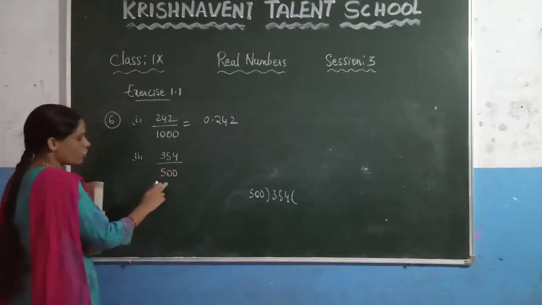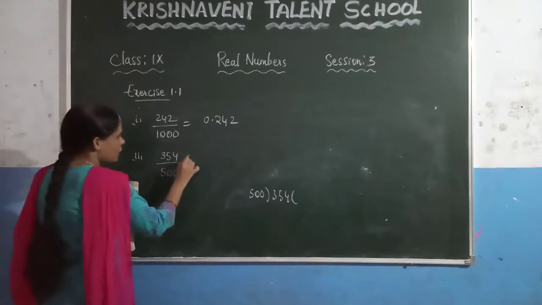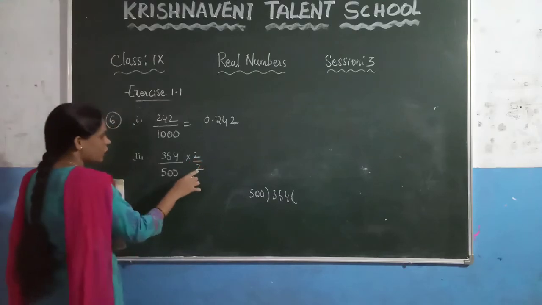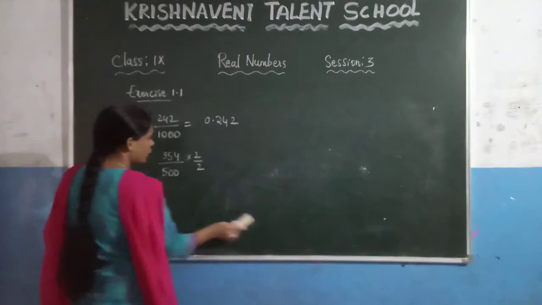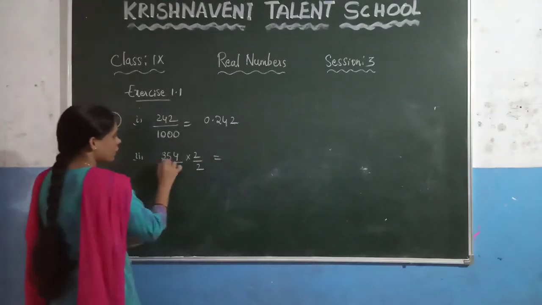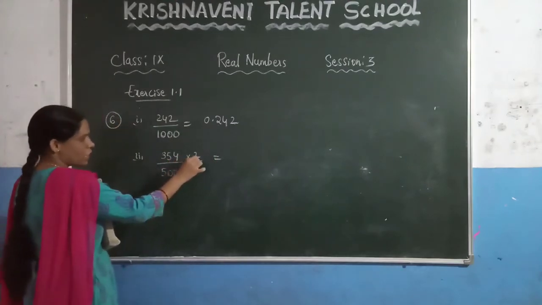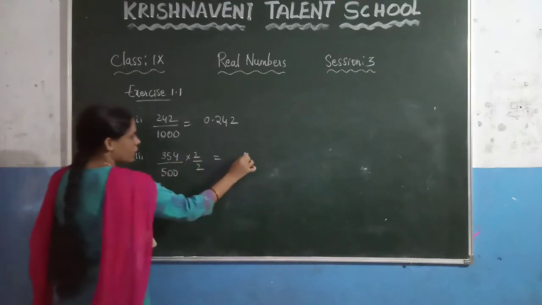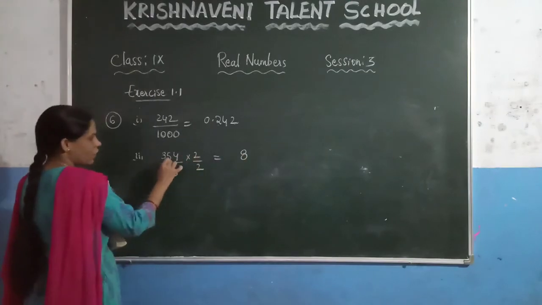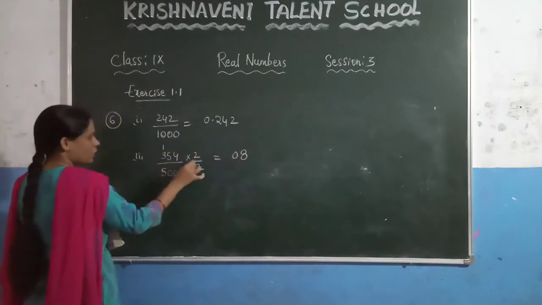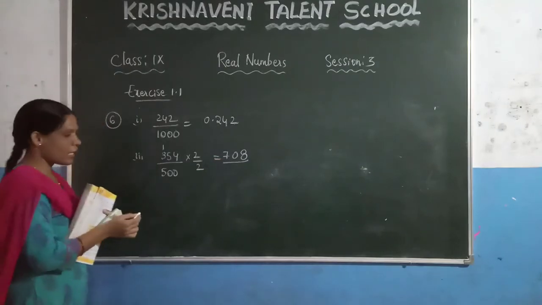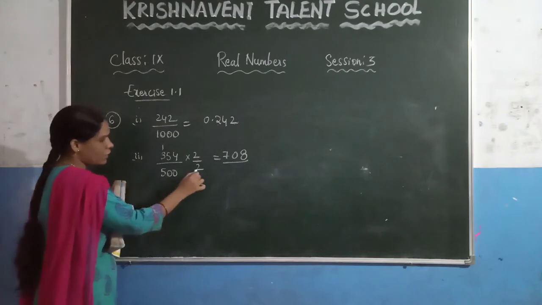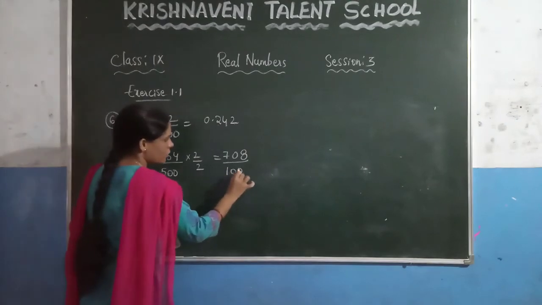So to make it in the form of tens, just multiply by 2 by 2. So that you are getting 5 into 2, which is 10. So what will you get here? 354 into 2. What is the value of 354 into 2? 4 2s 8. And after that 5 2s 10, 0, 1. 3 2s 6 plus 1, which is 7. 708. And after that what is the value of 500 into 2, which is 1000.